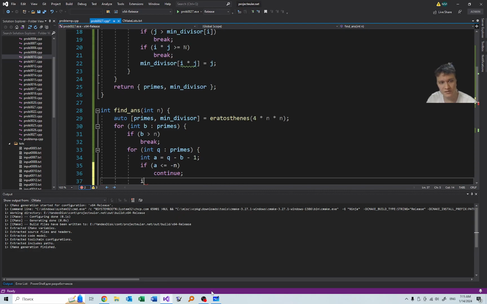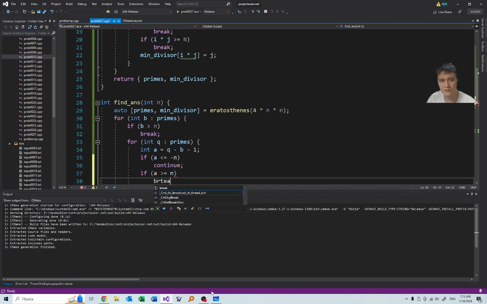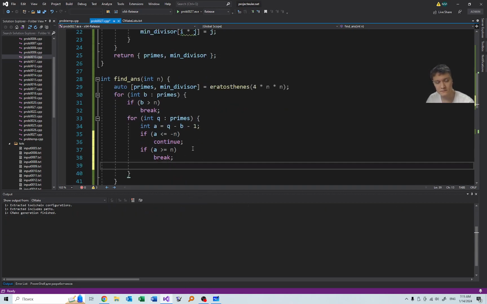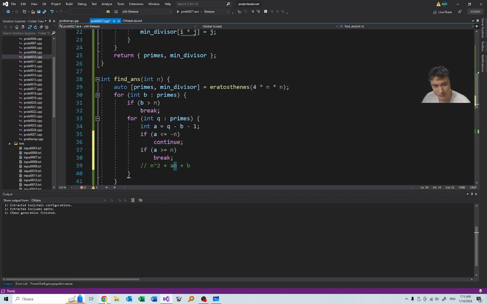But it's also possible that if A is at least n, then I need to break. Now I have A and B, and I know that this polynomial is indeed prime for n equals 0 and n equals 1.